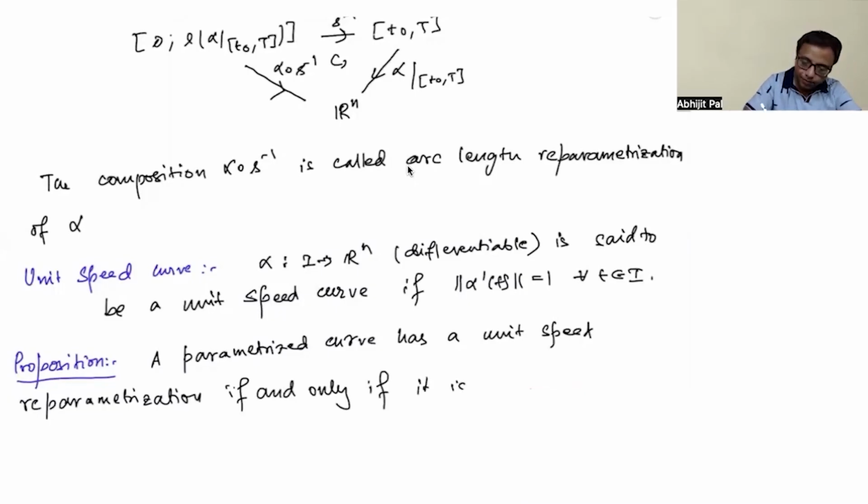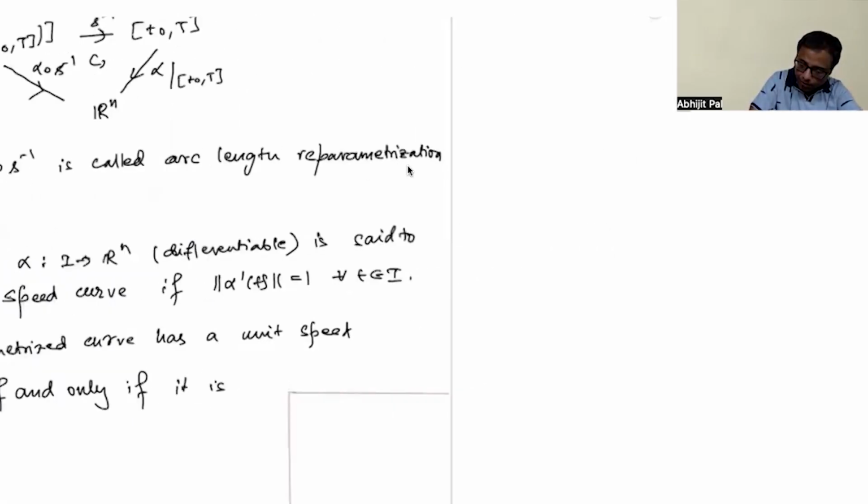So let alpha be a regular curve. Okay. And let us take a closed interval CD inside this open interval AB.